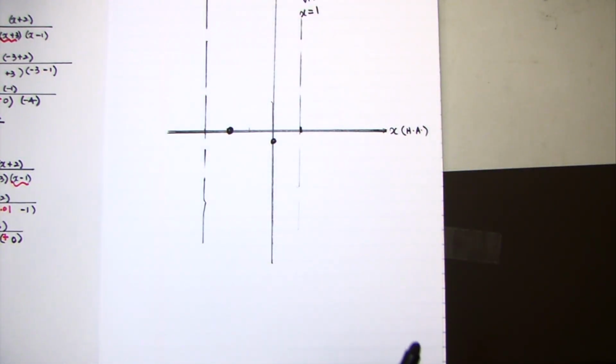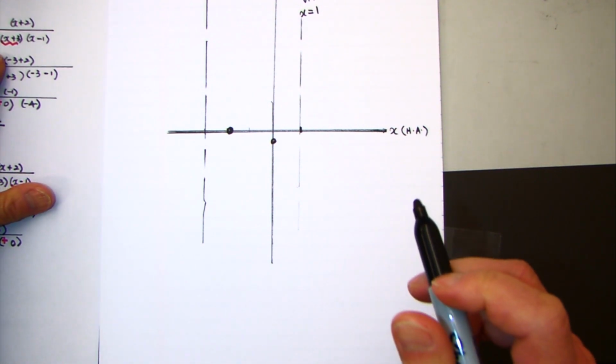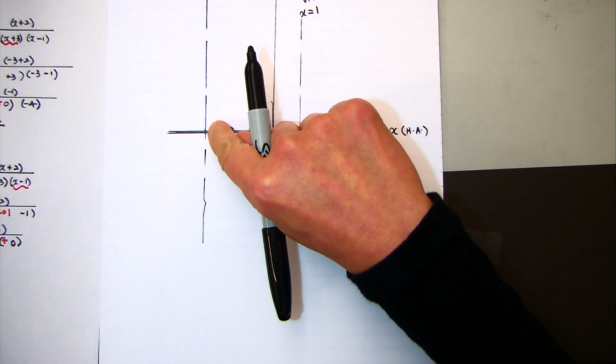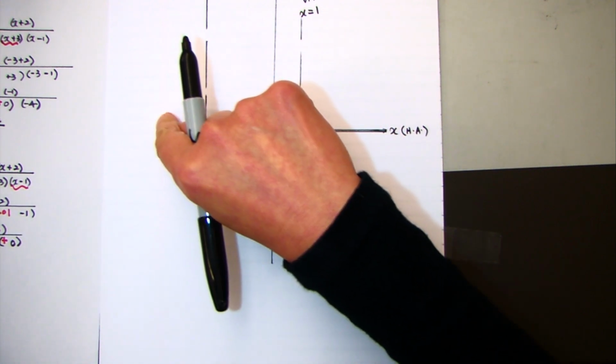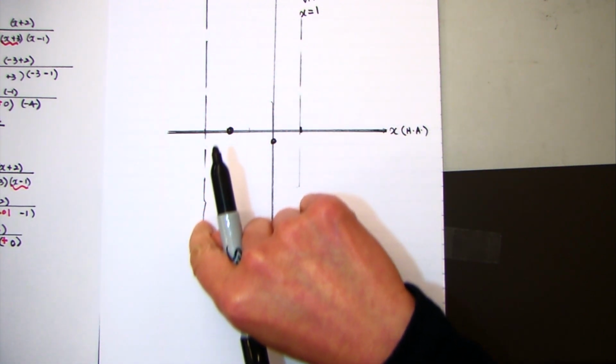Now let's put the last piece of information there, and then we are done. We're going to come to -3. When we come to -3 from the left-hand side, we're going to go down. So we drop down.